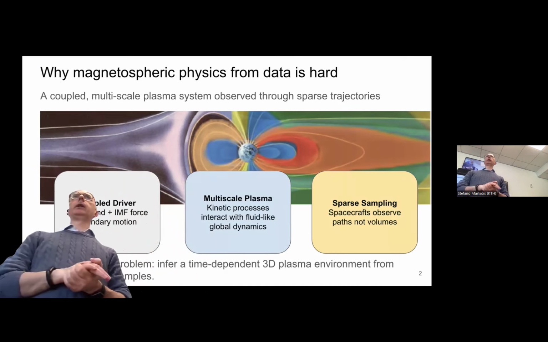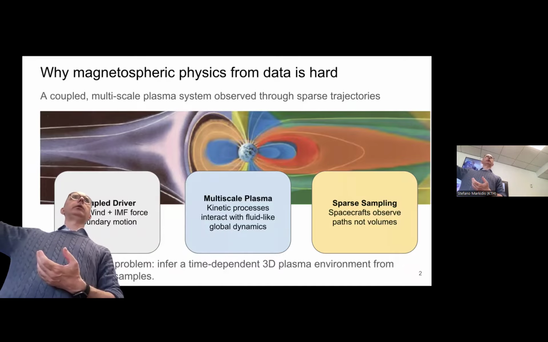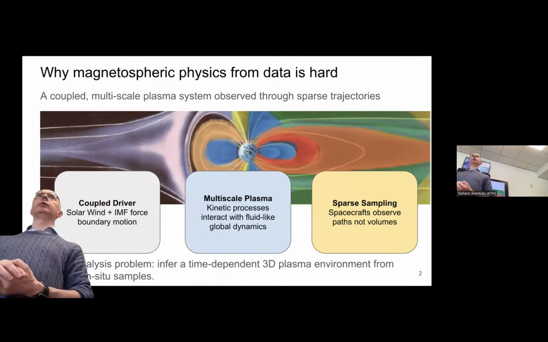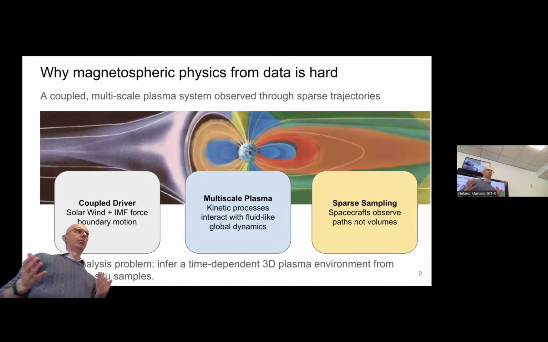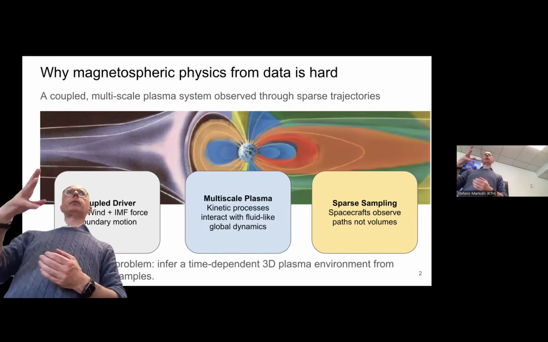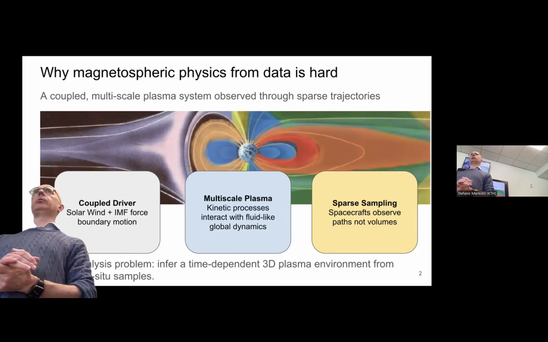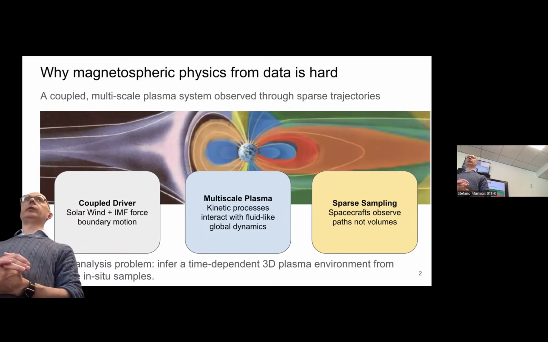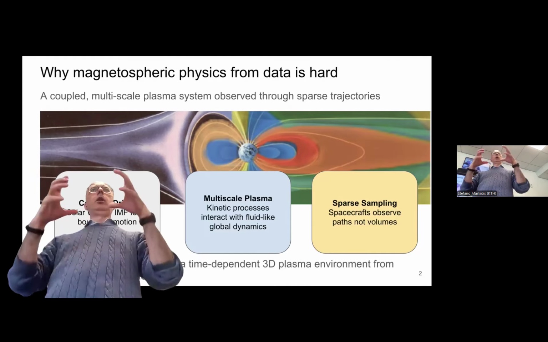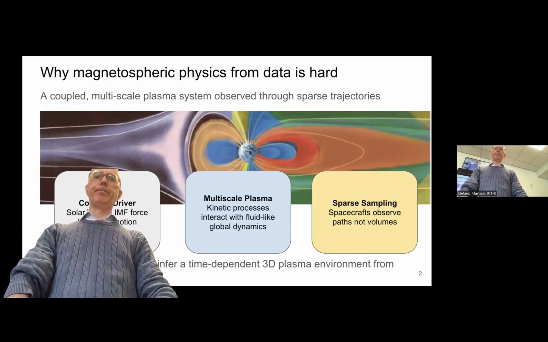So you have the coupling coming from the sun, and all the plasma coming out of the sun, and more or less extreme events that come from the sun, and the interaction of the solar wind with Earth's magnetic dipole and the internal plasma environment of Earth's magnetosphere.